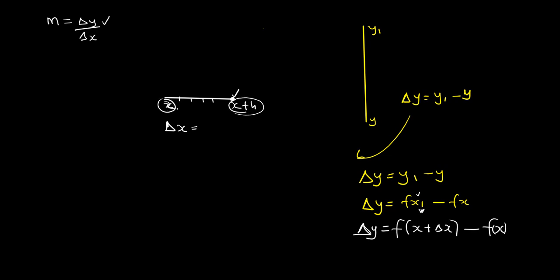This is where we come in to say m is equal to change in y over change in x. Change in x is b minus a, and b is x plus h, and a is just x. So very simple.